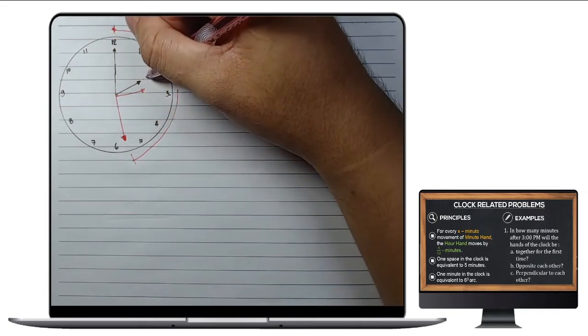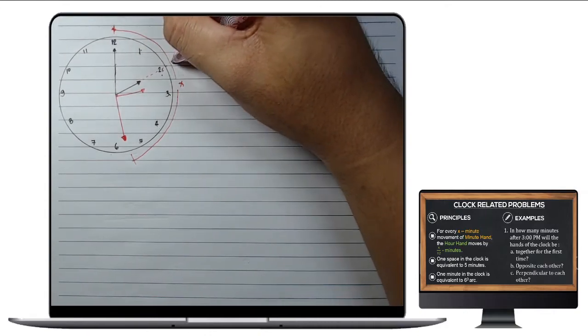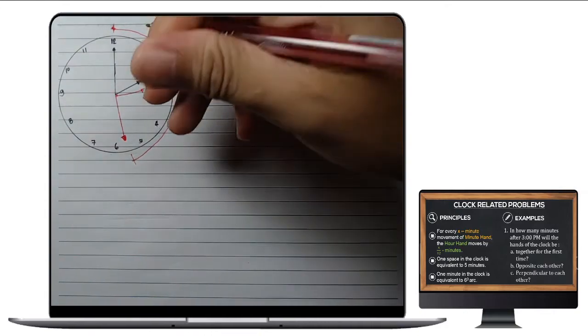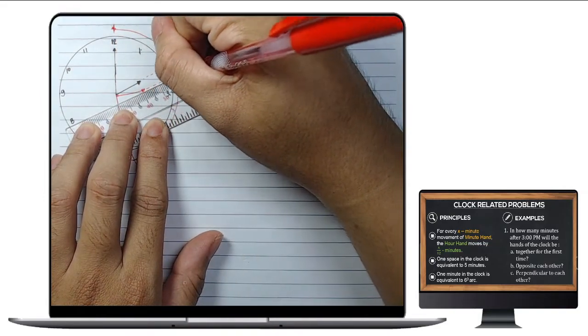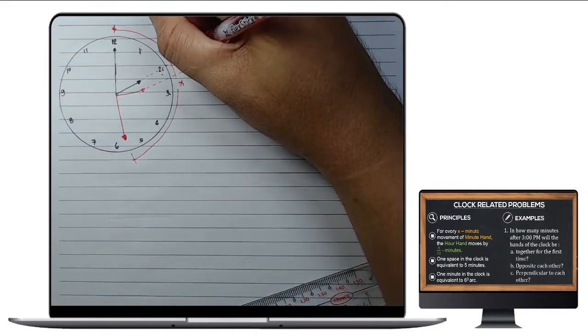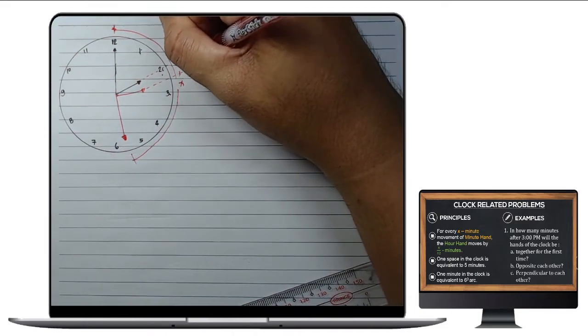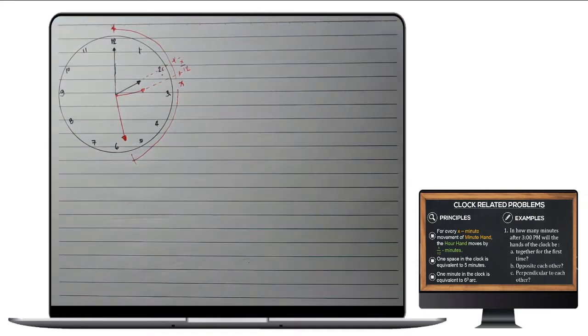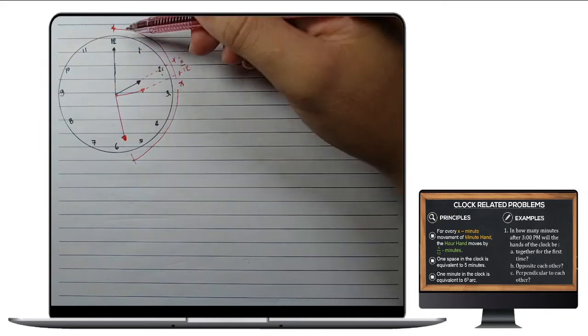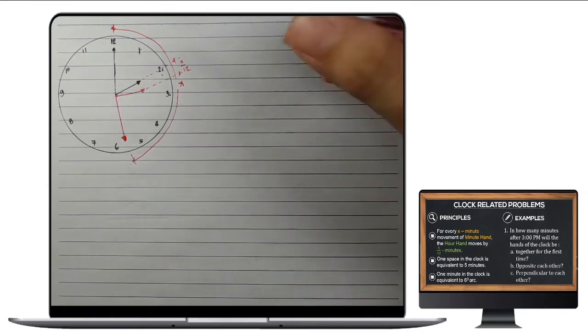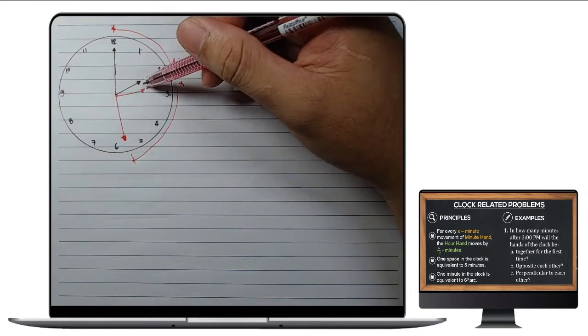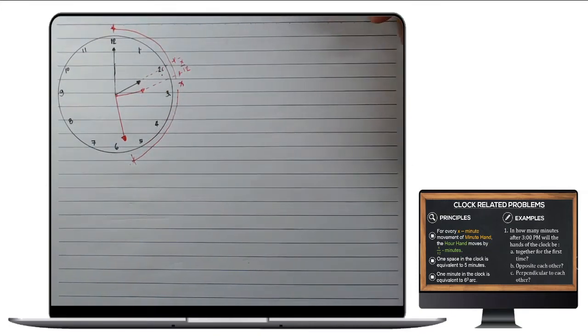Take note of the starting point of the hour hand. So after x minutes from 2 o'clock, whatever minute that is, the hour hand will surely move by x over 12 minutes. Gagalaw din siya kasabay.